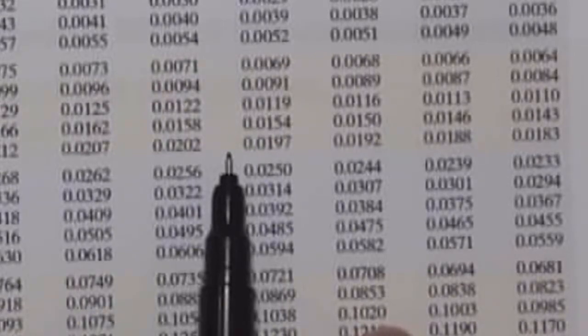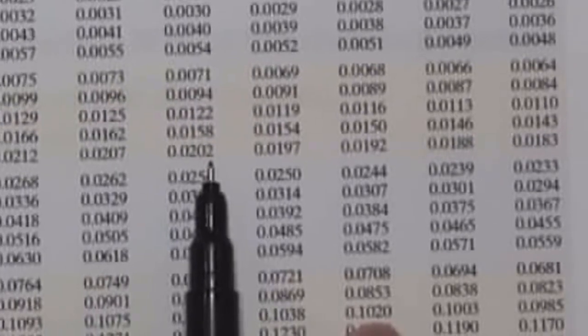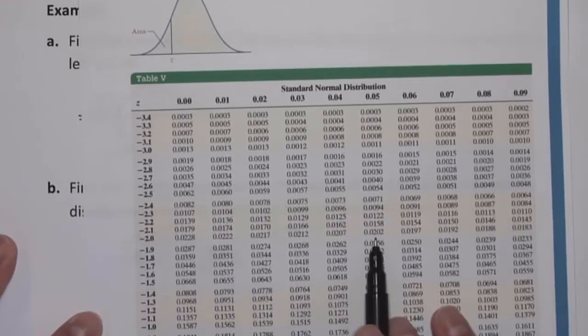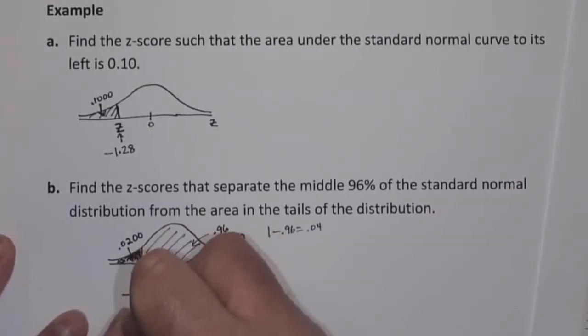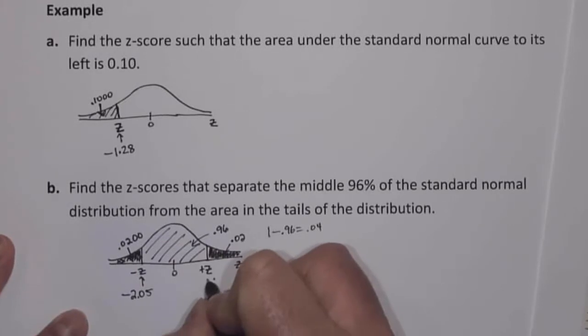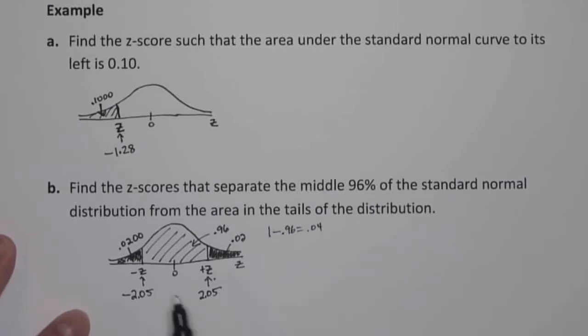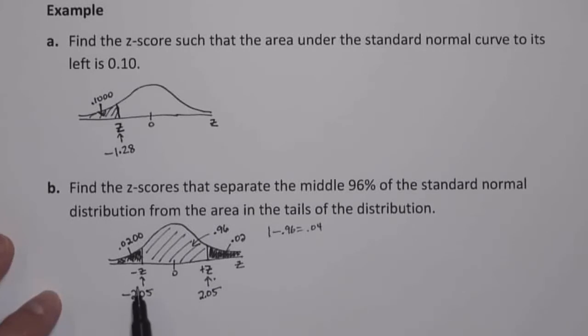Now we're going to go with what's closest. 0.0202 is a little bit closer to 0.0200 than 0.0197 is. So this is going to match up with negative 2.05. So this value here is negative 2.05, which means this value here is positive 2.05. So the two z-scores that separate the middle 96% of the standard normal distribution from the area in the tails are negative 2.05 and positive 2.05.